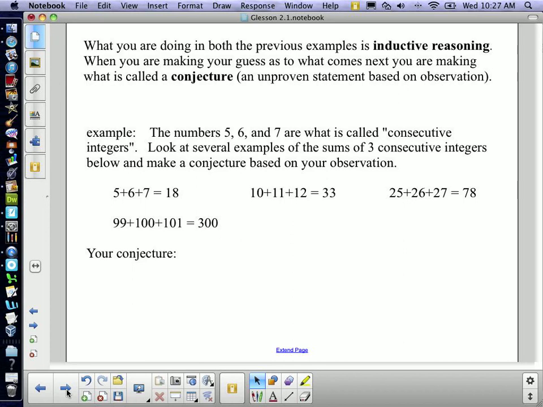Okay, easy enough. 10 plus 11 plus 12 is 33. Yep, I can figure that one out. 25 plus 26 plus 27 is 78. All right. 99 plus 100 plus 101 equals 300. Does anybody notice a pattern relating the numbers being added up and the sum? What do you notice?